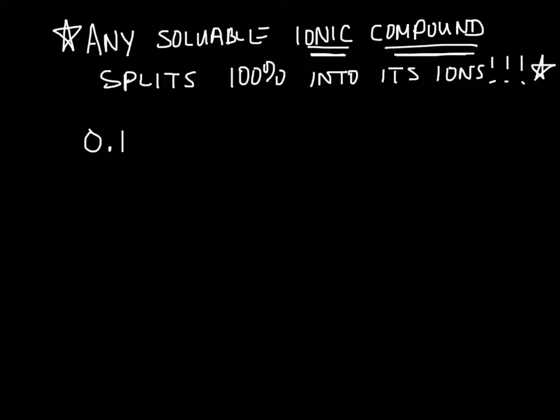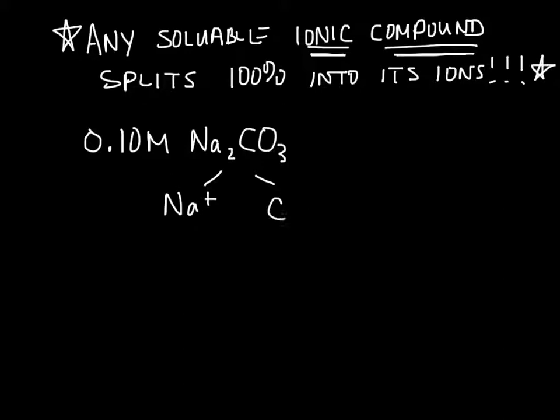So let's say we have 0.1 molar sodium carbonate, Na2CO3. So that's going to break apart into its ions, sodium ions and carbonate ions. When it's added to water, these will be aqueous.